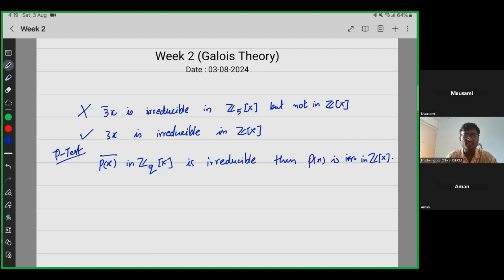Irreducible elements and irreducible polynomials, I think they are different. So I see, this is an irreducible polynomial. Okay, that is, it cannot be factored into two polynomials which are of degree less than or equal to 1. Okay, strictly less.